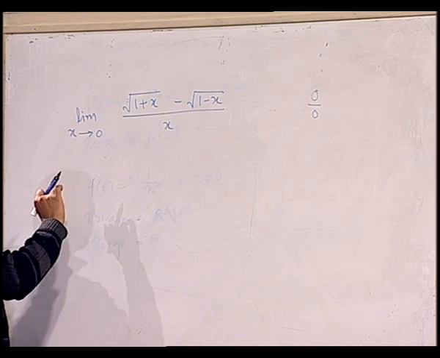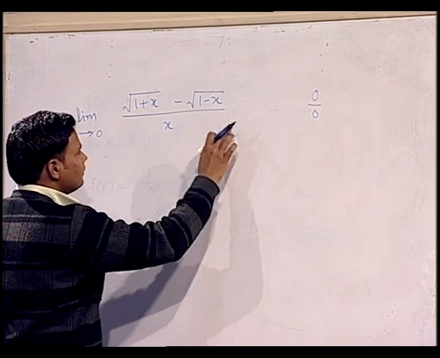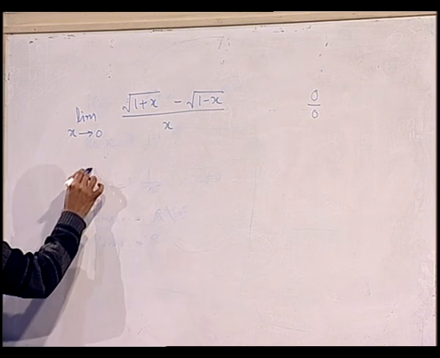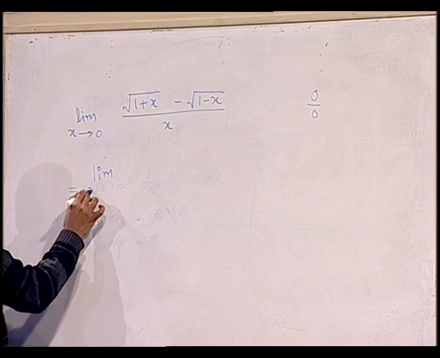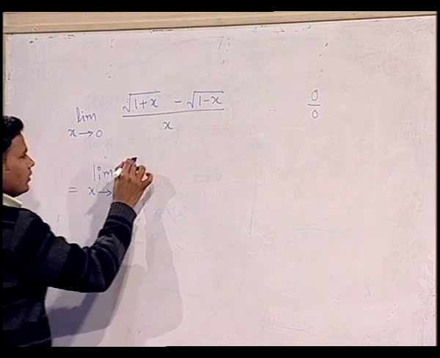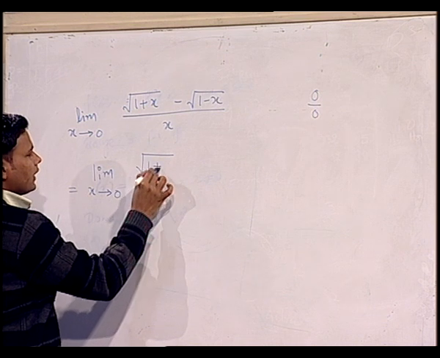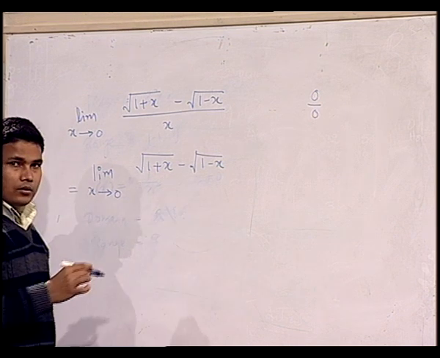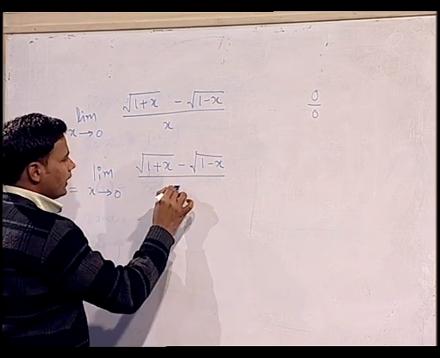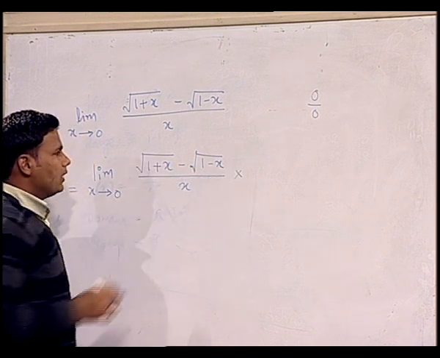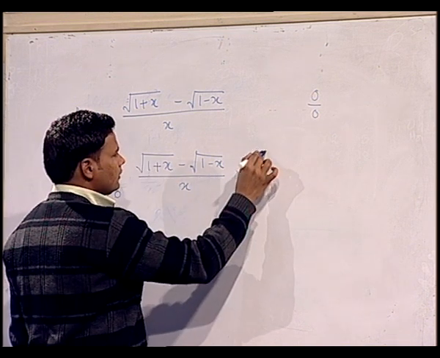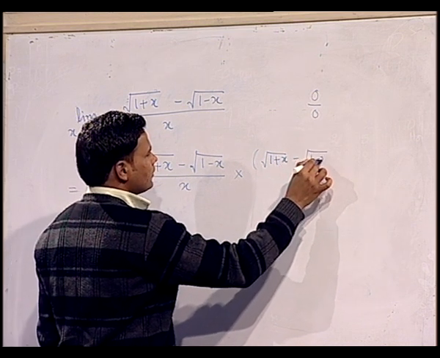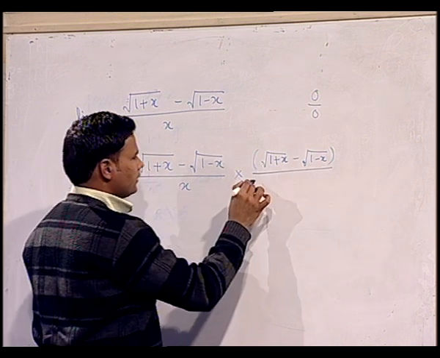For this, we have to rationalize this. So now this is equal to limit x tends to 0, (square root 1 plus x minus square root 1 minus x) upon x, and we multiply here with (square root 1 plus x plus square root 1 minus x) and divide by the same.